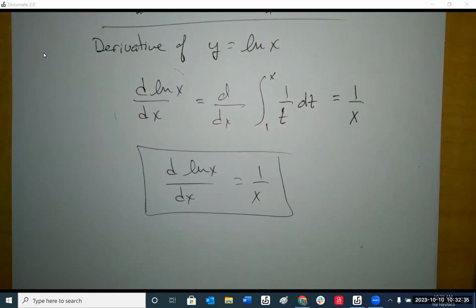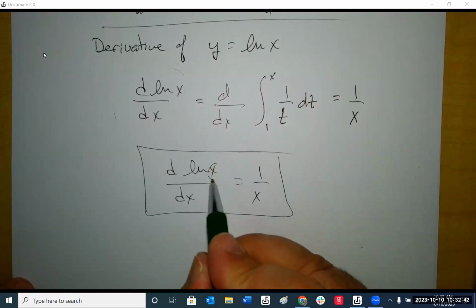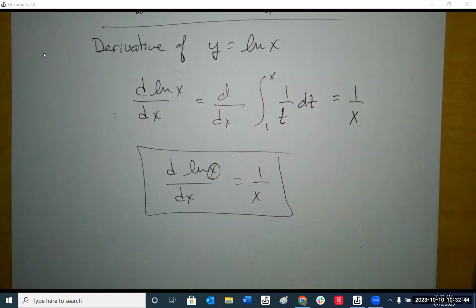But that's pretty limiting. Can you take a limit? Does it always have to be of x, or can it be a function? Well, as long as it's a function of x, yes.